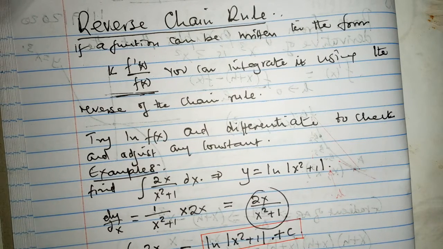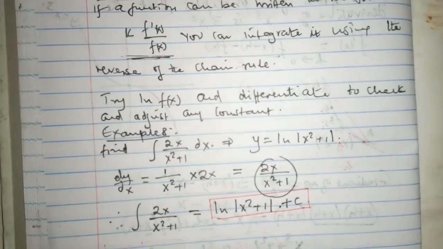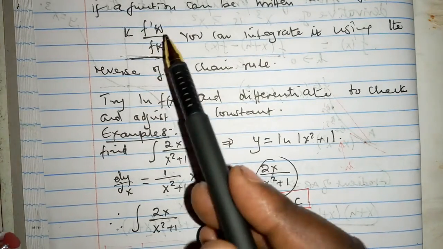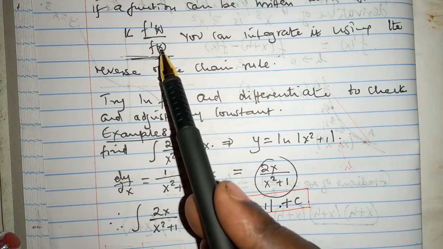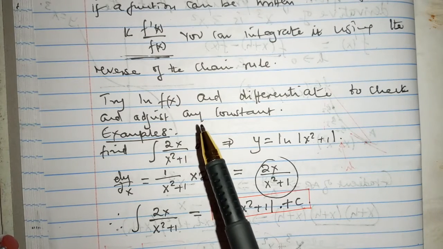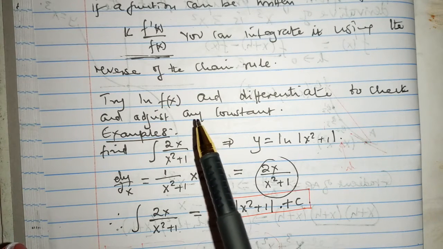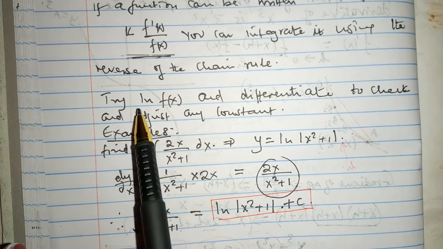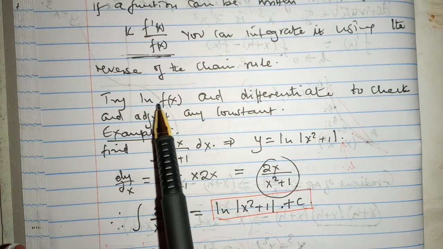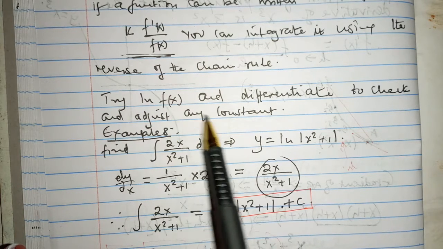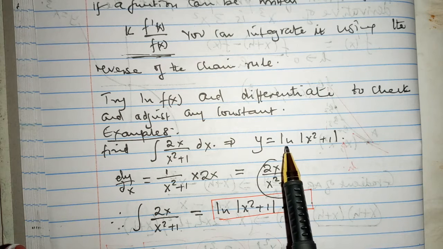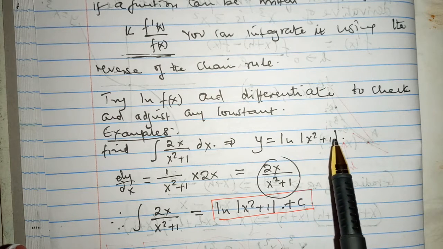Remember, we realized that it's in the form of a derivative over the function, and therefore we, as the law has it, suggested that we must try differentiating the natural logarithm of f(x), and that is what we have. y is equal to ln(x squared plus 1).